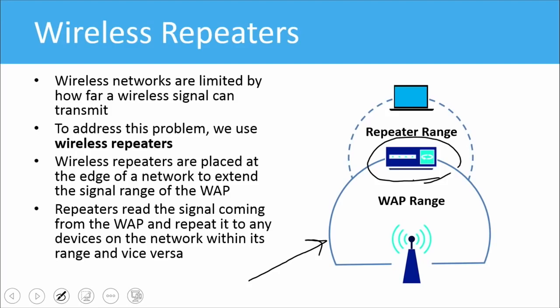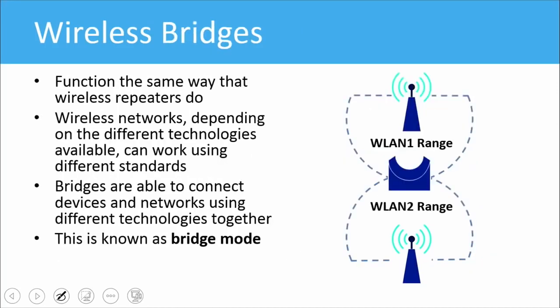Repeaters do this by reading the signal coming from the wireless access point, and then they repeat it and send it out. And of course, we have to make sure our data finds the device there, right? Similarly, it reverses that process to make sure that your device, if connecting to a repeater, is able to send data back onto the local area network and onto the internet, hopefully, right? We'll detail a little bit more about what the internet actually is a little later too.